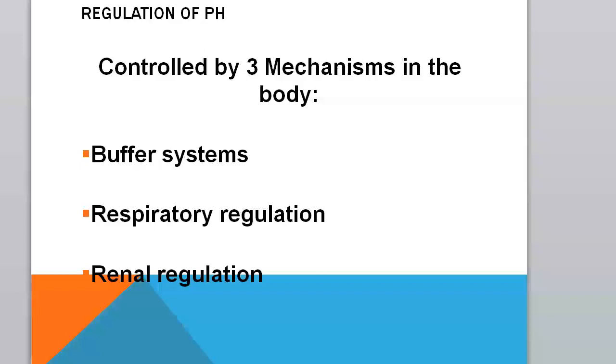What we sometimes see is an acute increase in carbon dioxide or hydrogen ions in the blood that stimulates the brain's respiratory system. As it sees an increase in carbon dioxide, it stimulates that center in the brain, causing the person to increase the rate and depth of their respiration to blow off that CO2 and bring those levels down.